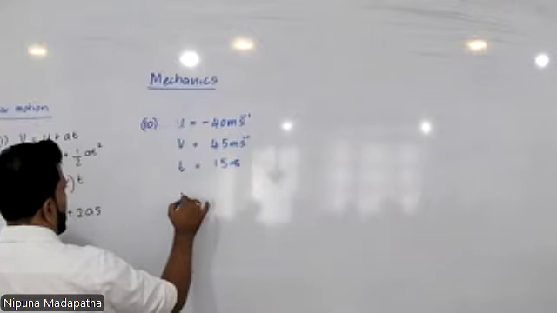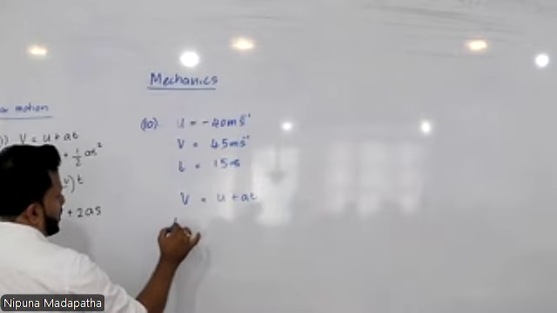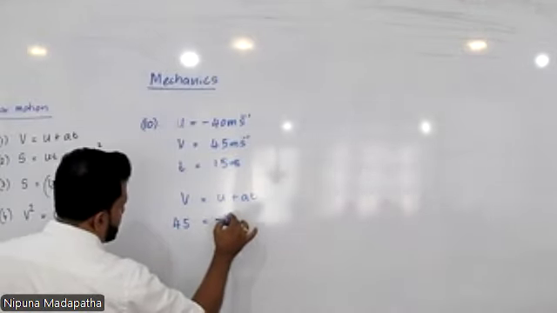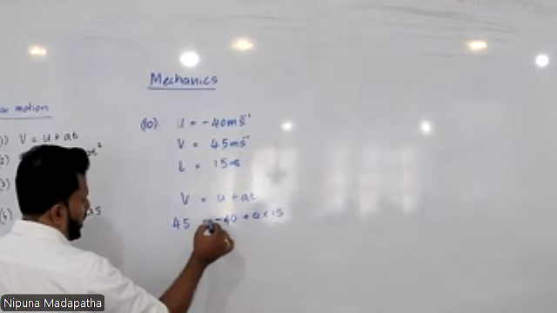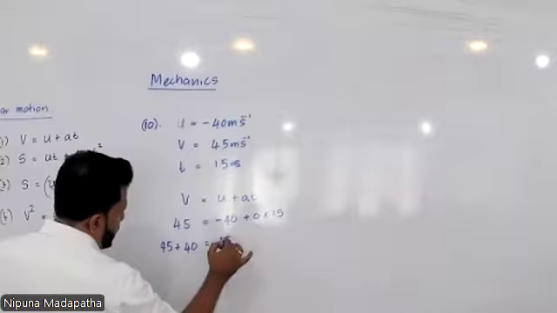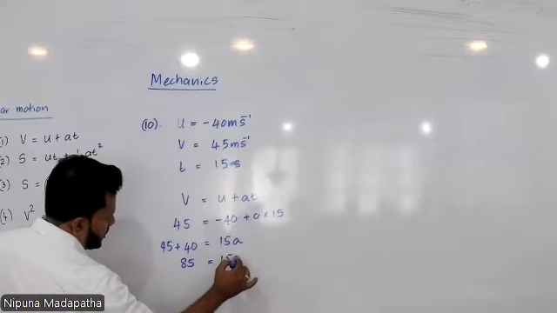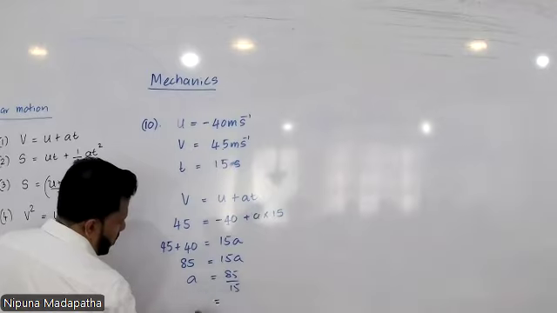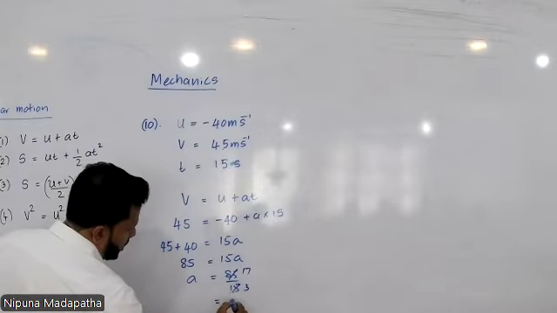We get acceleration from V equals U plus AT. Final velocity 45, initial velocity minus 40, time 15. Take this minus 40 to the other side: 15A equals 85. Acceleration is 85 over 15, common factor 5, 17 divided by 3.